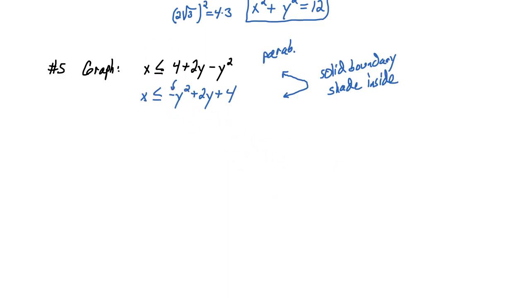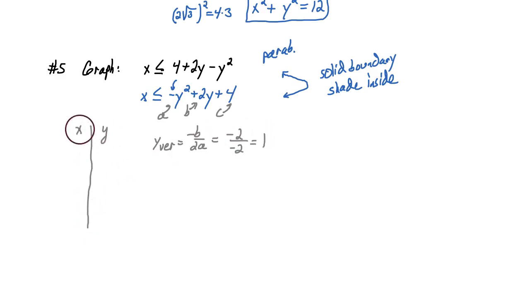This is standard form, so let's use the technique that involves a, b, and c and get the y value of the vertex point using negative b divided by 2a. So this is negative 2 divided by negative 2, which makes 1. Now make an xy table. And in the middle row of the table, y is 1.